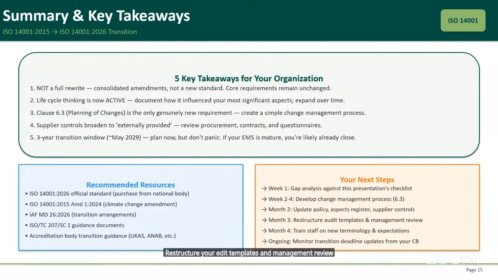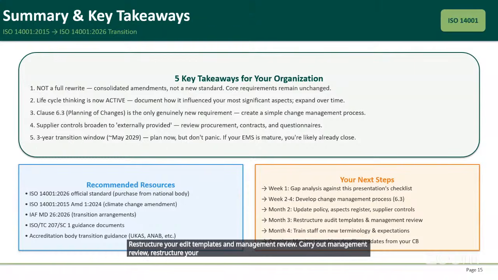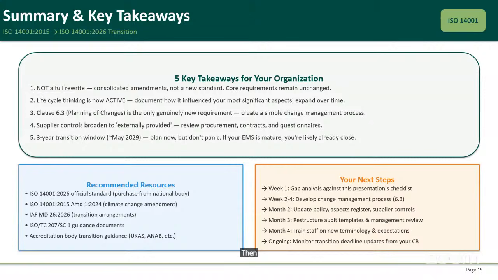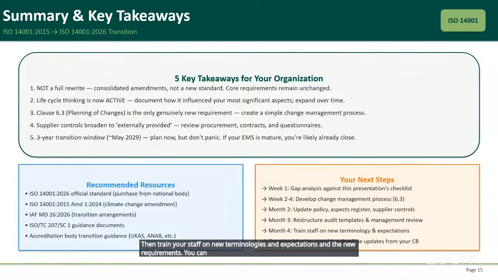Carry out management review, and restructure your audit templates as much as you can. Then train your staff on new terminologies, expectations and the new requirements. You can also invite us to carry out a transition training for your staff, your colleagues or your organization, and monitor your transition deadline updates from your certification body.